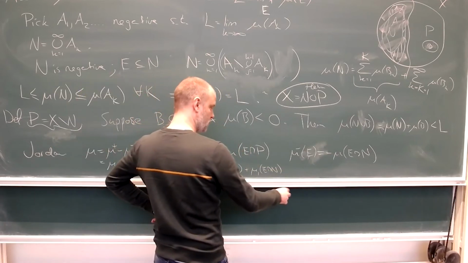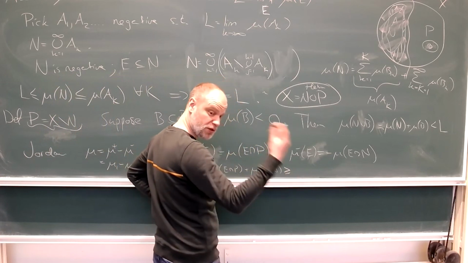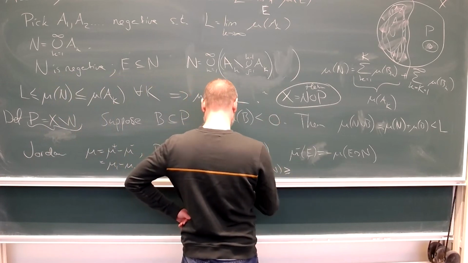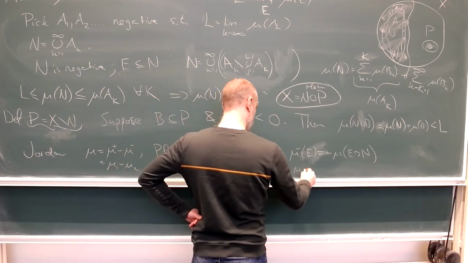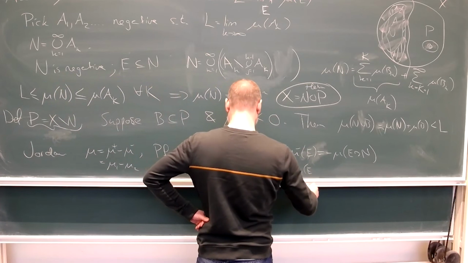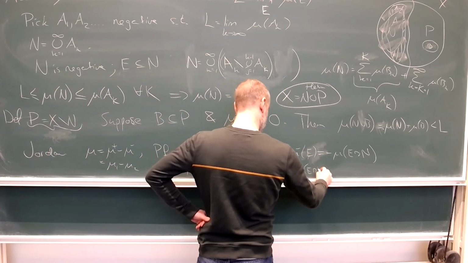And this is a positive number because mu1 is a measure in the traditional sense, or at least non-negative. So we get here mu1 of E intersect P.